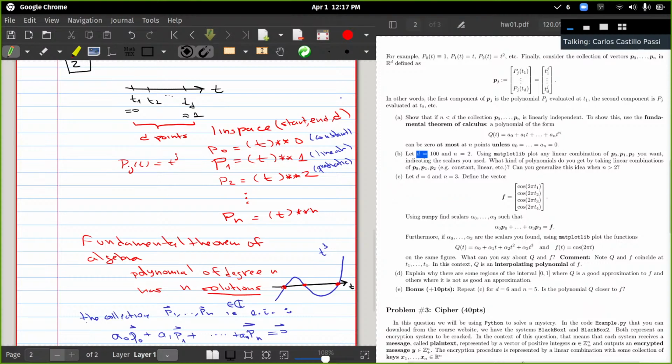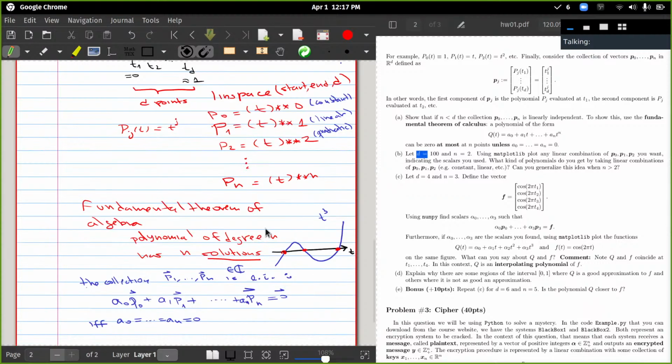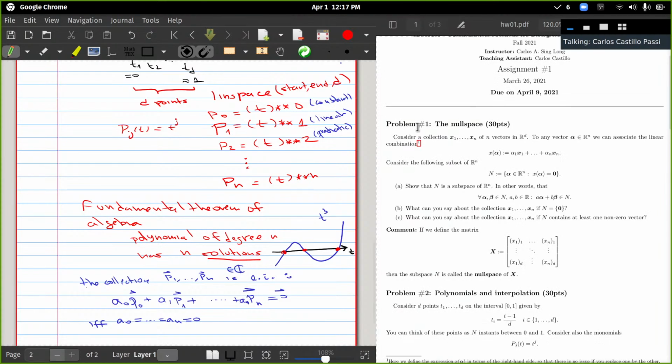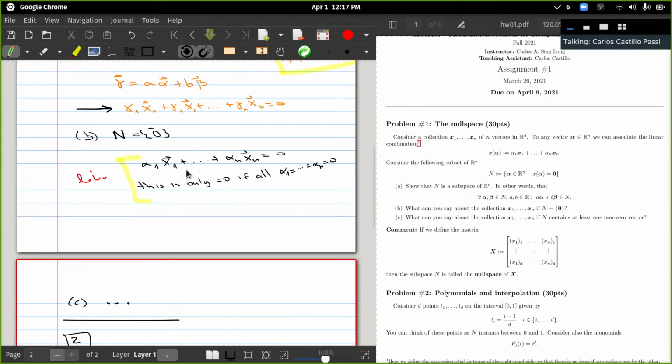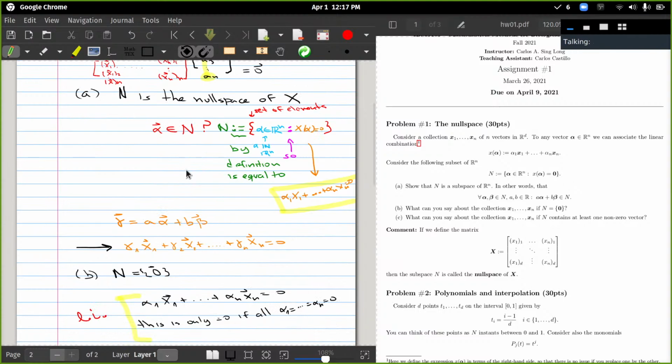Has someone started trying to solve these questions? Have any of you tried to do problem number 1, for example? Problem number 1 should be easy.